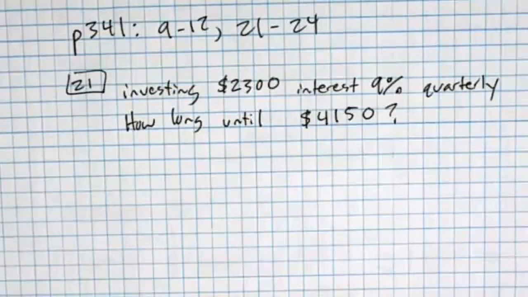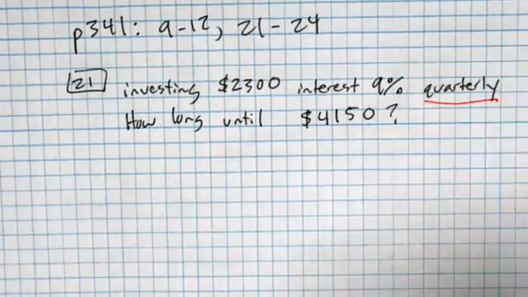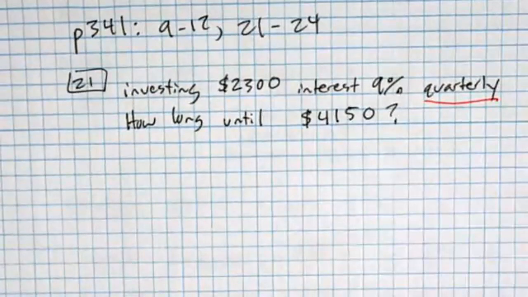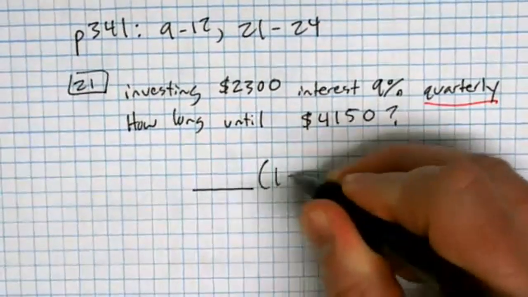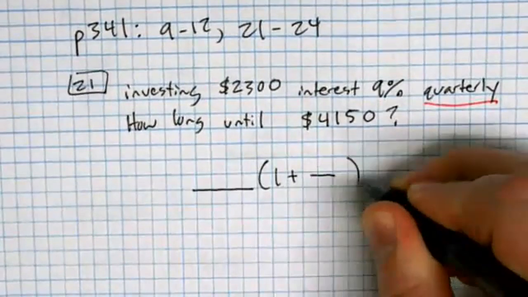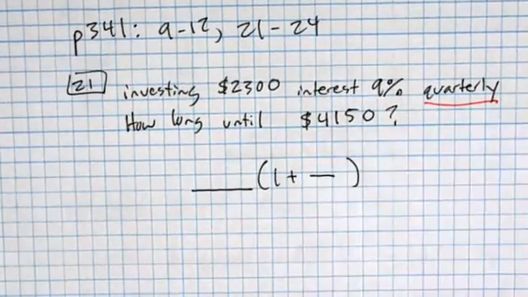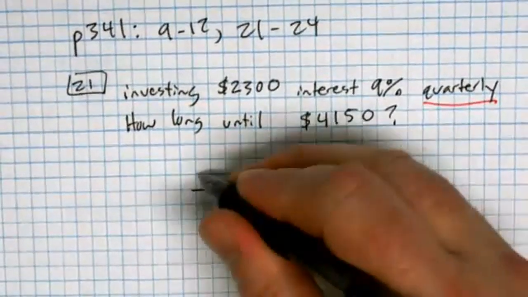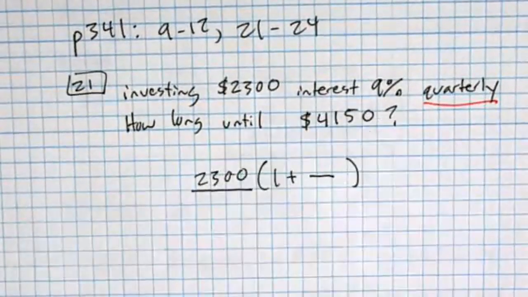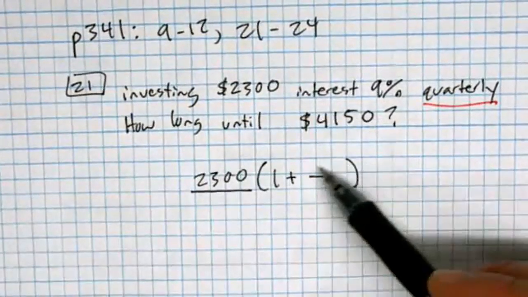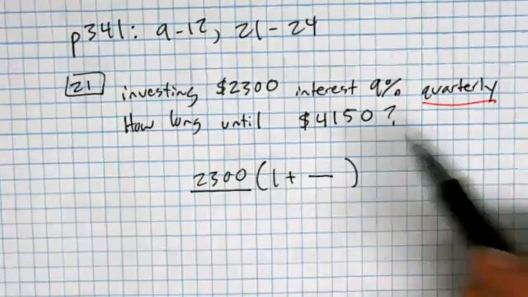So the fact that it's quarterly here tells me we're not going to use the continuously compounding model. We're going to use the other one. We're going to need some initial amount. Initial amount, 2,300. What's my rate as a decimal?